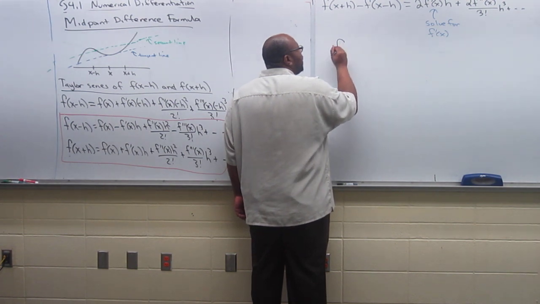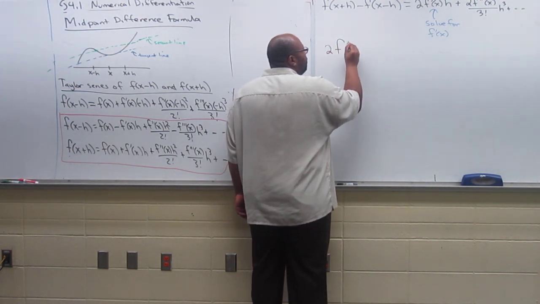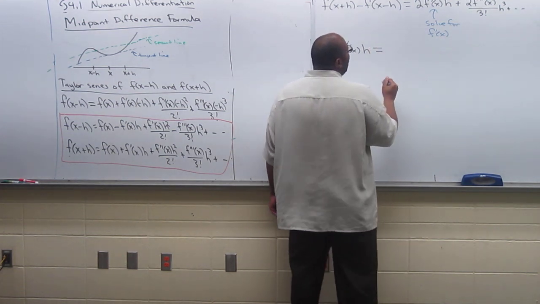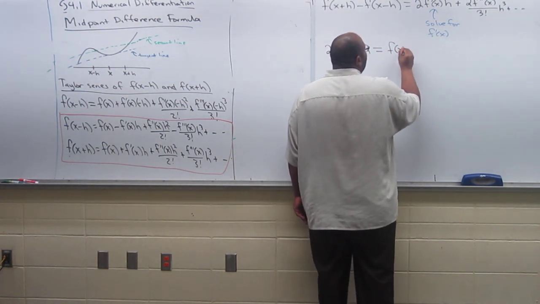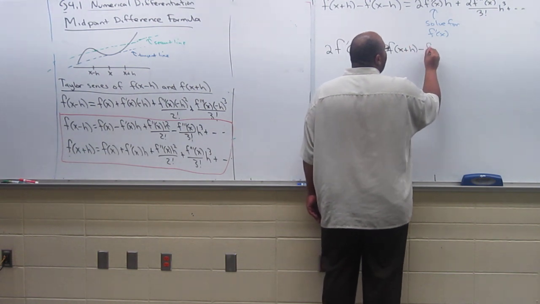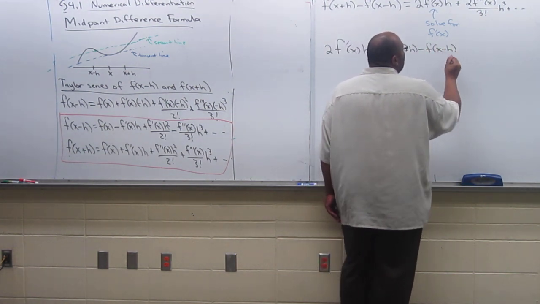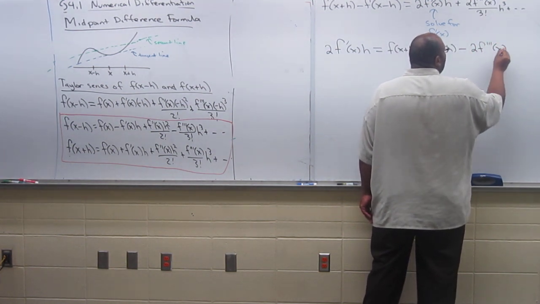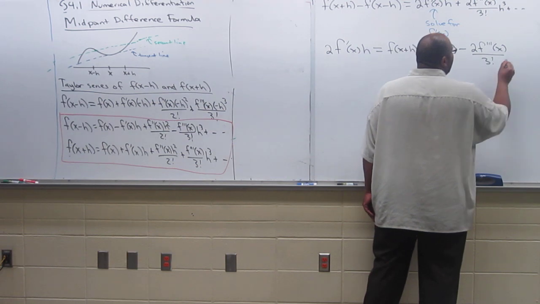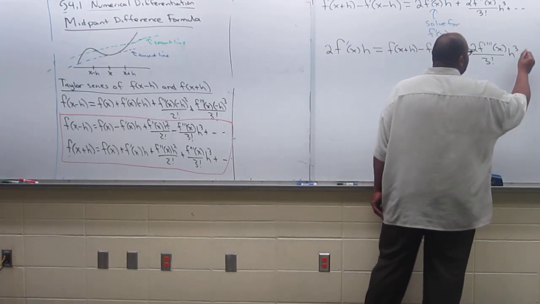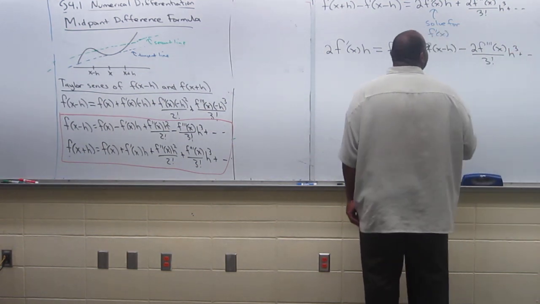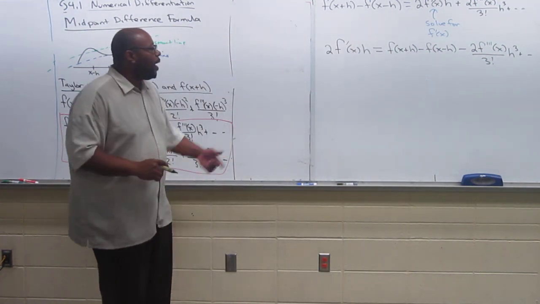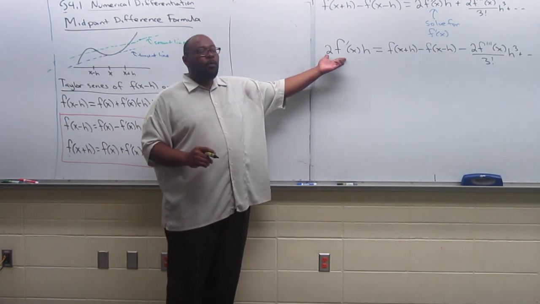We have 2 times f prime of x times h is equal to f of x plus h minus f of x minus h minus 2 f triple prime of x over 3 factorial h cubed, and so on. Or minus, whatever.